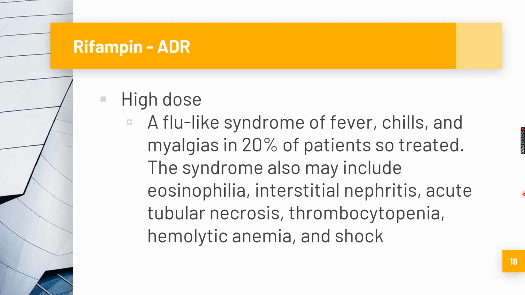In high dose, it might cause a flu-like syndrome, which consists of fever, chills and myalgias, and it occurs in 20% of the patients treated. Again, it's not very dangerous. The syndrome may include eosinophilia, interstitial nephritis, acute tubular necrosis, thrombocytopenia, hemolytic anemia and shock. If these types of extreme symptoms occur, then we have to stop the drug.